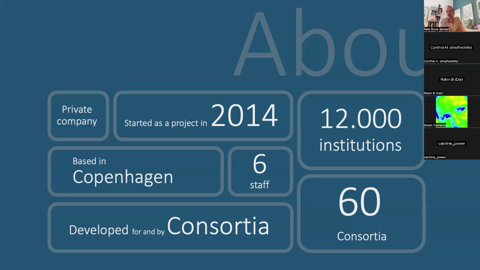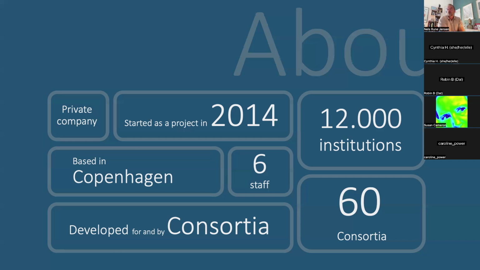So they had a problem understanding the history of all these agreements and where to find the information: a lot of Word documents, licenses, Excel spreadsheets, and Post-it notes. So they asked us to develop a tool to help them manage this. Since then, we've just grown and grown because consortia heard about what we were doing.